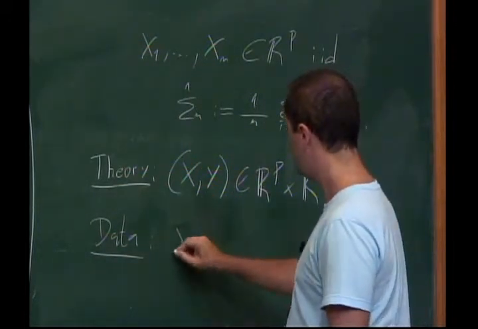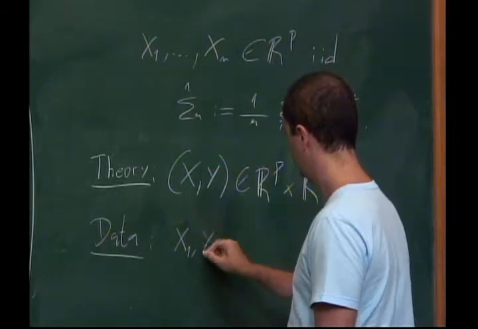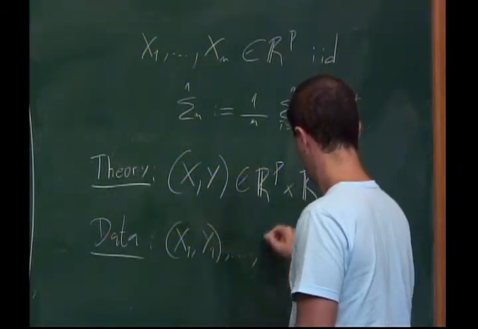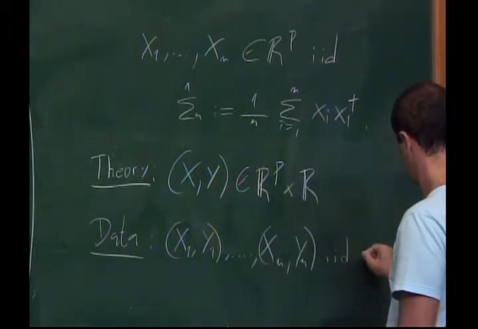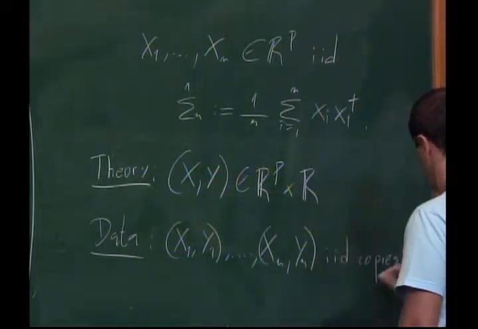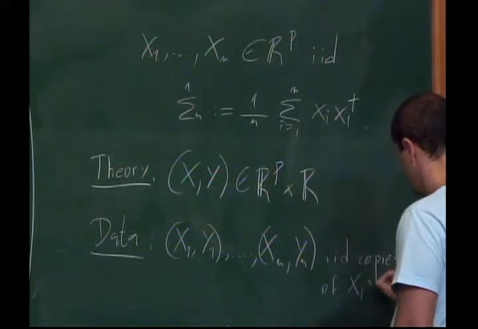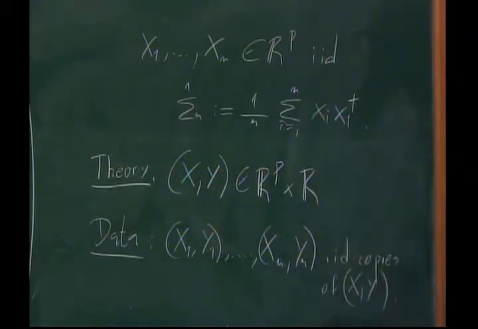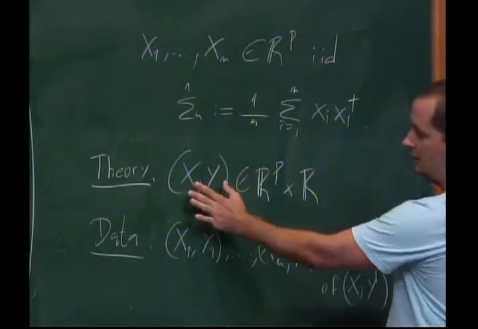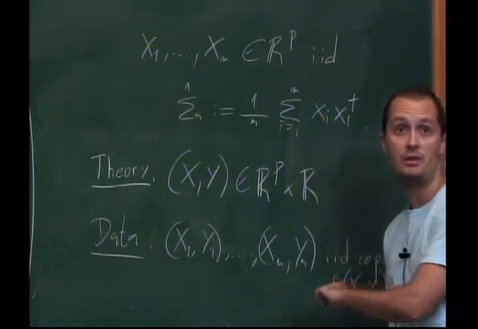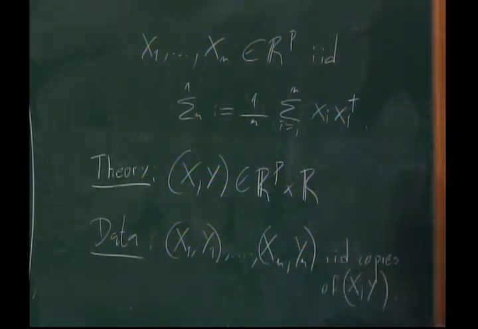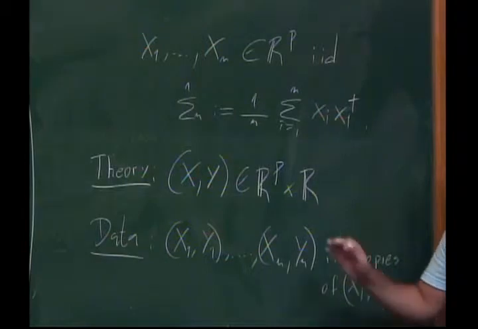And the data is just IID copies of these. Just to make my notation simpler, I'm assuming that all of these, x, y, x1, y1, x2, y2, x3, y3, up to xn, yn, are all defined in the same probability space, and all pairs are independent from one another.